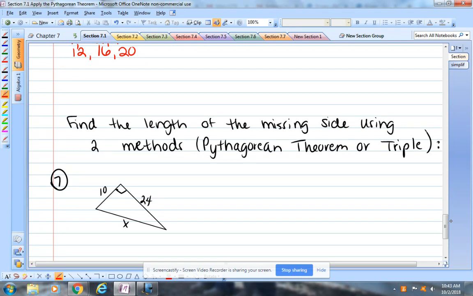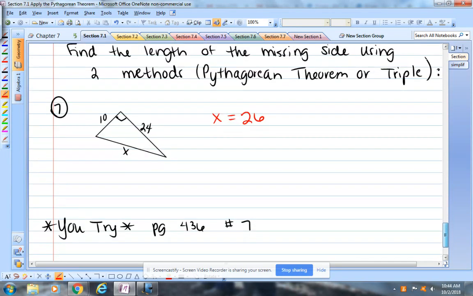So that's a 5, 12, 13 triangle. If you double 13, you get 26, so the hypotenuse would be 26. If you recognize that it's a triple, then you can do it quickly. If not, use the Pythagorean theorem, it always works. But that's just a shortcut. Pythagorean triples are just a shortcut way of finding the missing side.